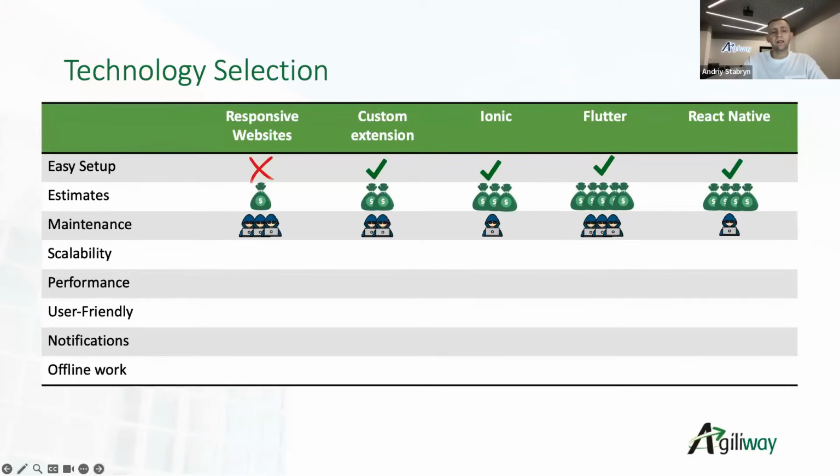Maintenance. A responsive website requires ongoing maintenance, especially when CiviCRM updates are released. Custom extension, generally maintenance is manageable. Ionic, it's generally straightforward.